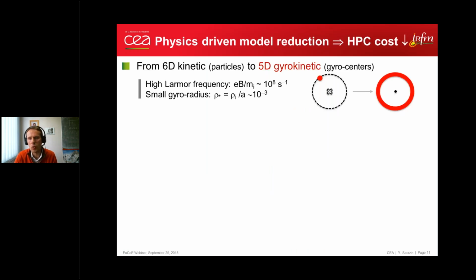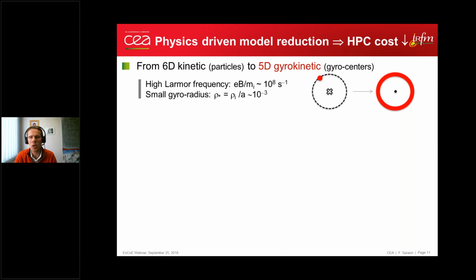So obviously, the problem is fairly complex. If we start from Vlasov, which is 6-dimensional, it's too numerically costly to be afforded by present-day supercomputers.